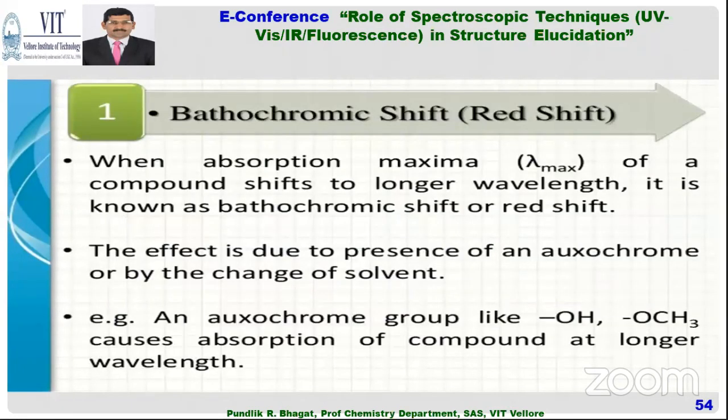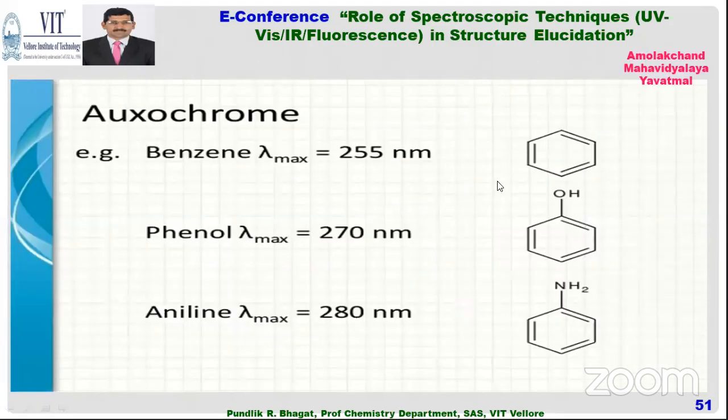Here are other terms which are used: bathochromic shift and hypsochromic shift. Bathochromic shift is when the absorption maximum of the compound shifts to a longer wavelength. For example, benzene, as I showed in the previous example, is colorless, but if we incorporate a group which provides more conjugation, the molecule shifts towards the red.